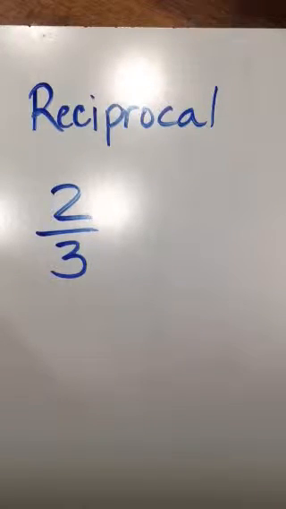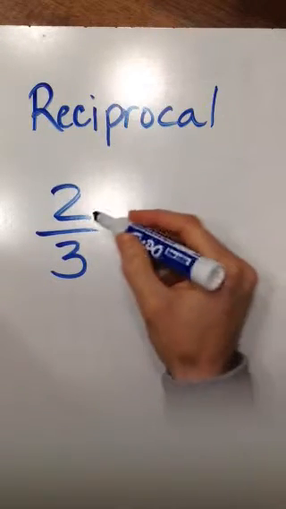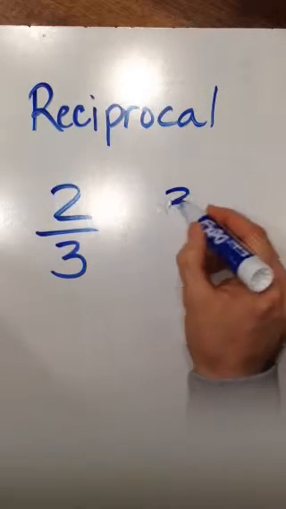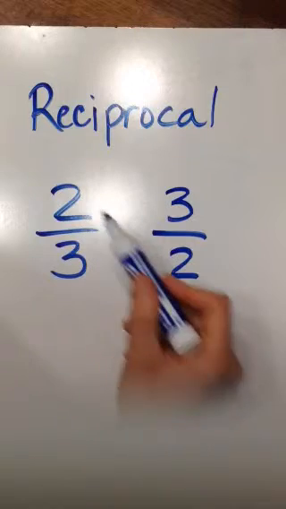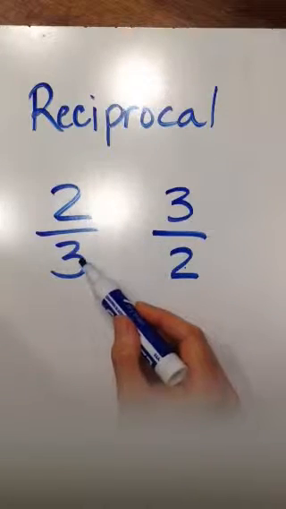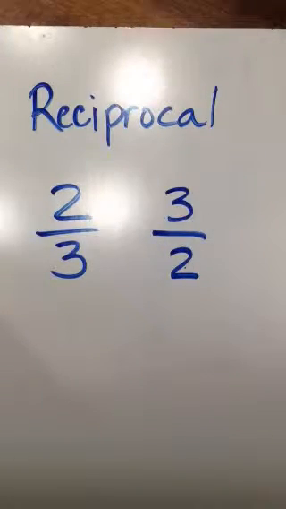If we invert the fraction, then we change the numerator to the denominator and the denominator to the numerator. So the reciprocal of 2/3 is 3/2, okay? So all we did is switch the numerator to the denominator and the denominator to the numerator, okay? So you see how it's done? It's really quite simple, okay?